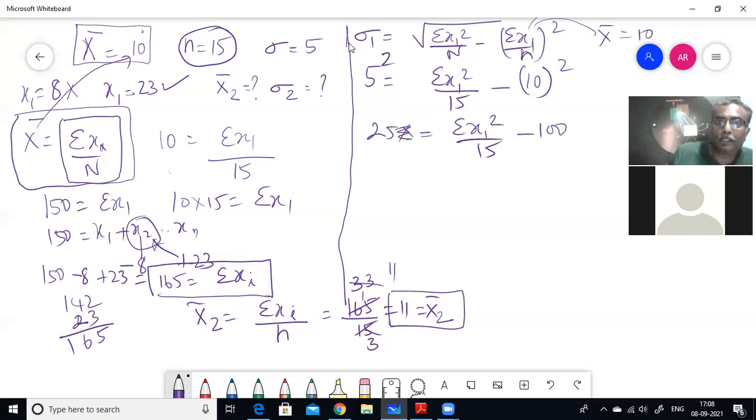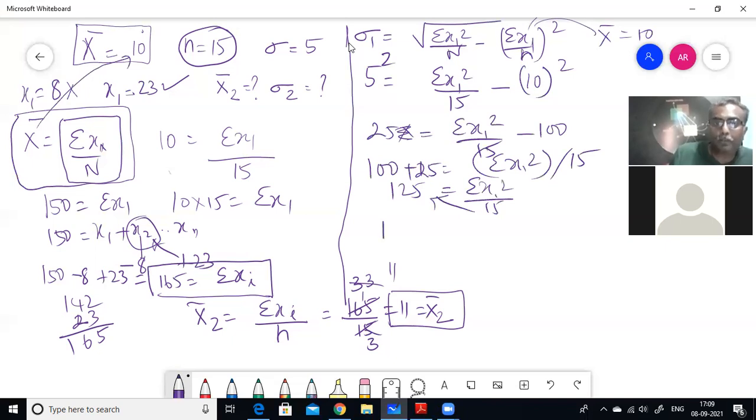Take 100 this side: 100 plus 25 is equal to sigma xi squared by 15. 125 is equal to sigma xi squared by 15. Take 15 this side: 15 into 125 is equal to sigma xi squared.